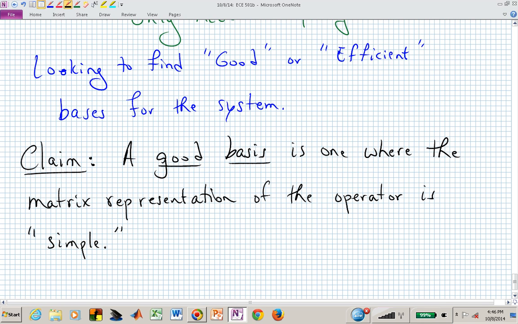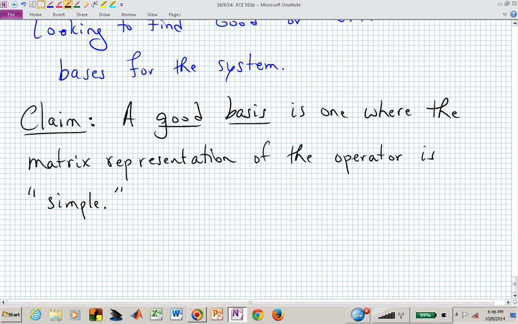And now we need to define simple, since I put it in quotes. A good basis will be one where the operator, which is some linear map from a vector space back into itself, has a matrix representation that is simple, whatever that means.